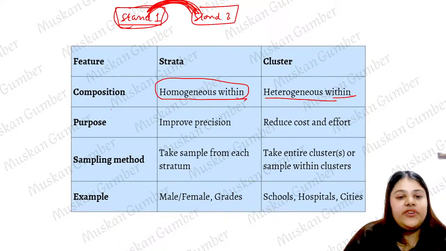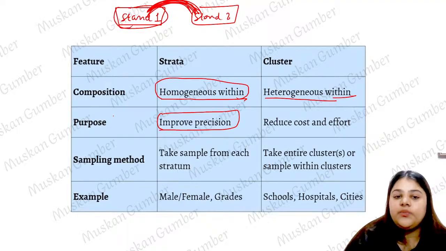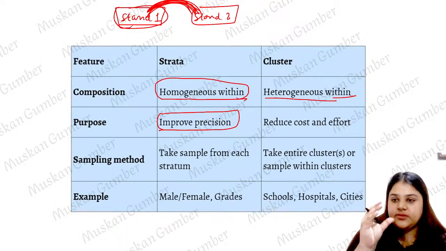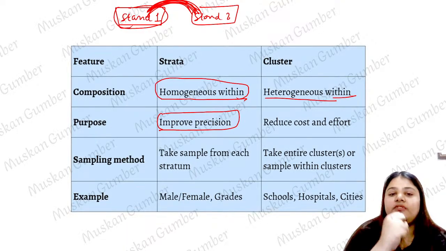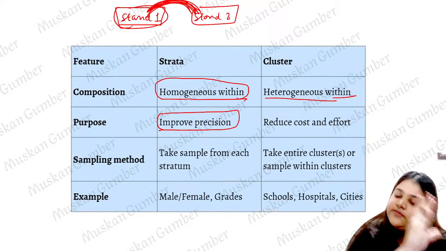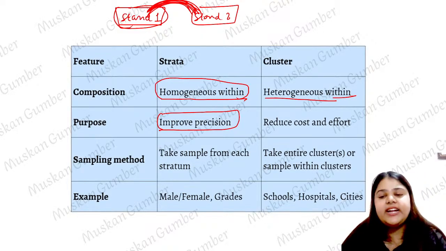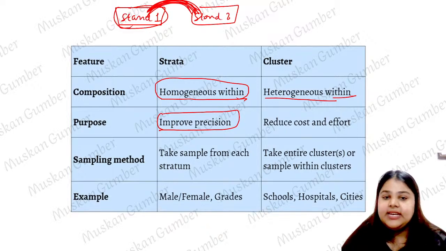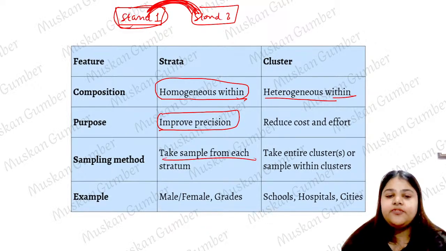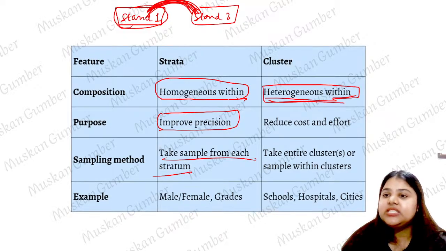We use strata to improve precision: we have gathered people who have one type of characteristic, set them into various strata, various groups, and we are taking a sample from each of these strata. But in cluster sampling, we have taken these heterogeneous clusters which are naturally occurring.